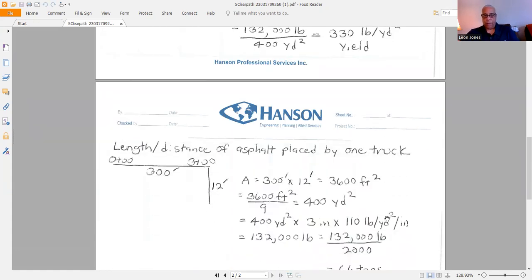Now, something else that needs to happen too. A lot of times individuals don't do this, but I do it. What about length or distance of asphalt placed by one truck? Well, how many feet does a truck have to basically go to?